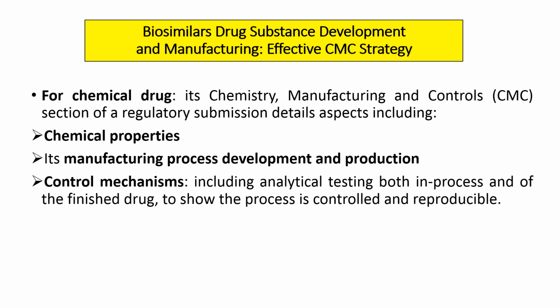So when we talk about CMC strategy, first we need to know what CMC stands for. C stands for chemistry, M for manufacturing, and C for control. So all together, chemistry, manufacturing, and control, CMC.